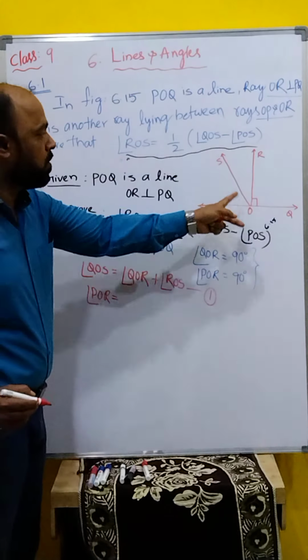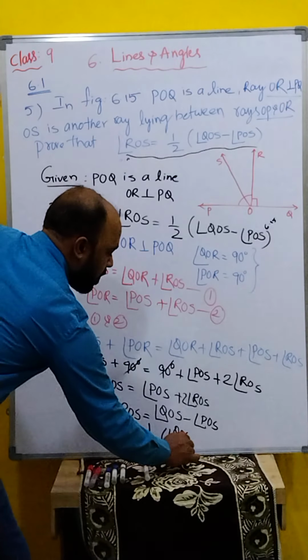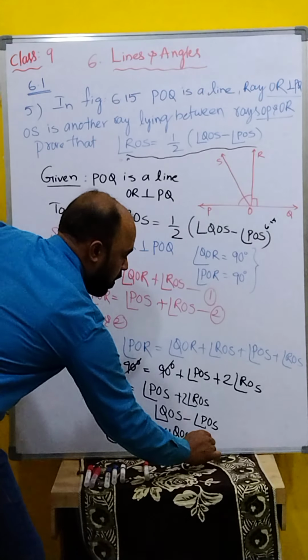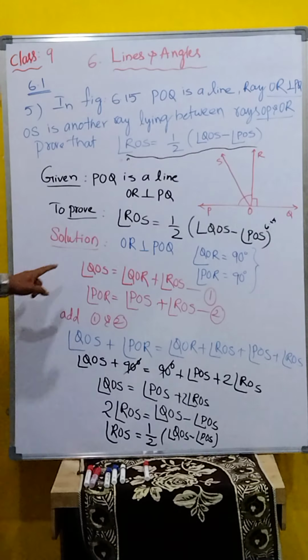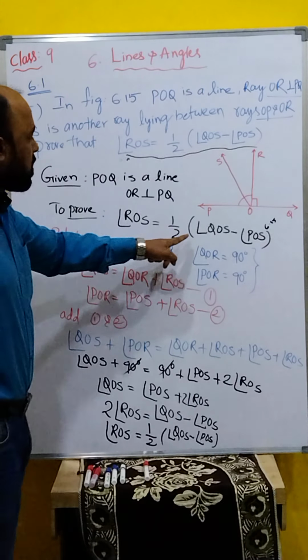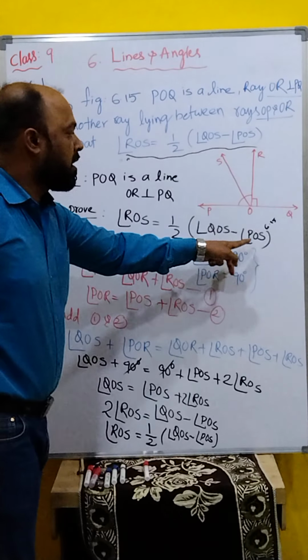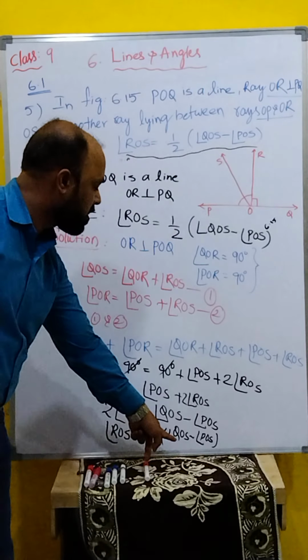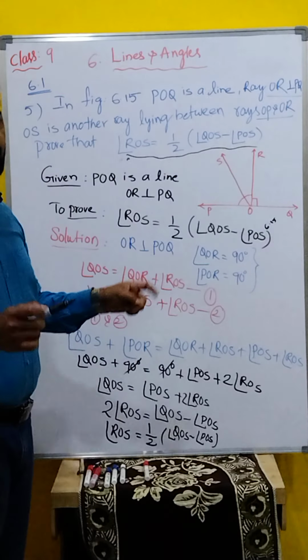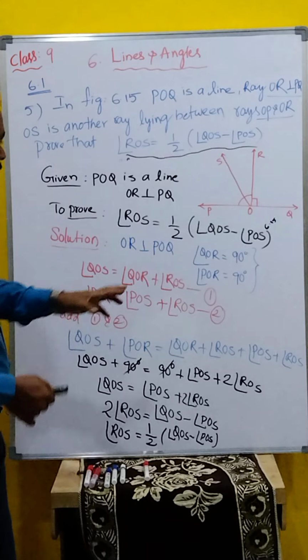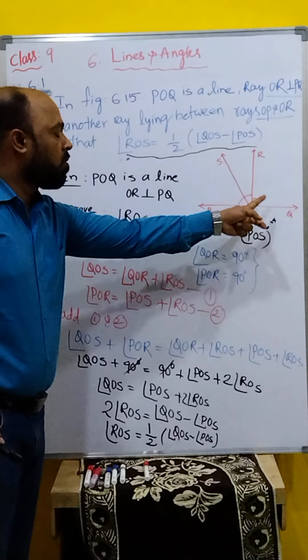Now transpose the 2 to the right side: angle ROS is equal to 1 by 2 into angle QOS minus angle POS. What was given to prove? Angle ROS is equal to half of angle QOS minus angle POS. We got the same thing. Hence proved. It's a very simple thing using perpendiculars.